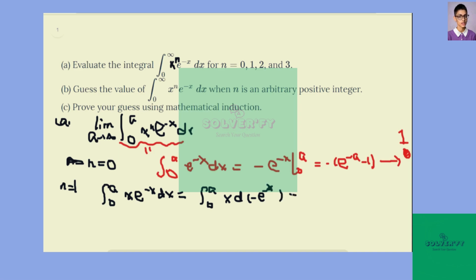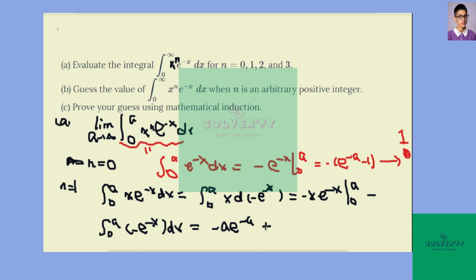So this is equal to negative x times e^(-x) from 0 to A minus the integral from 0 to A of negative e^(-x) dx. This is equal to negative A times e^(-A) plus the integral from 0 to A of e^(-x) dx.